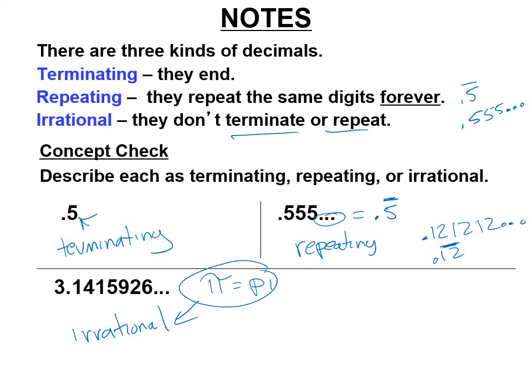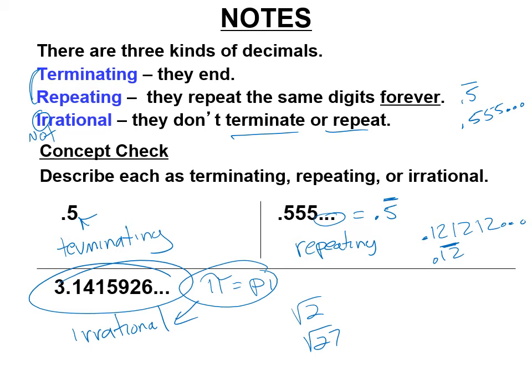That's why we can't write it with a little bar on top, like 0.5 repeating. It turns out the square root of 2 and the square root of 27 are like pi. They're irrational. Now, IR is one of those prefixes that means not, like on and in and non. So when you say irrational, you're saying not rational. These other two are rational.